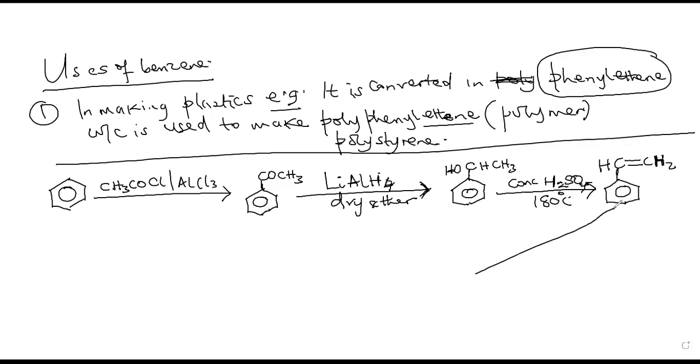Now, after you have formed this one, it is going to be treated with a polymer initiator. So we are going to treat this with an organic peroxide, and basically we use dibenzoyl peroxide, and we heat between 85 to 100 degrees Celsius, and this will form for us polystyrene.